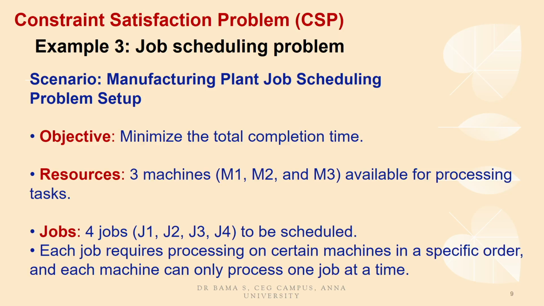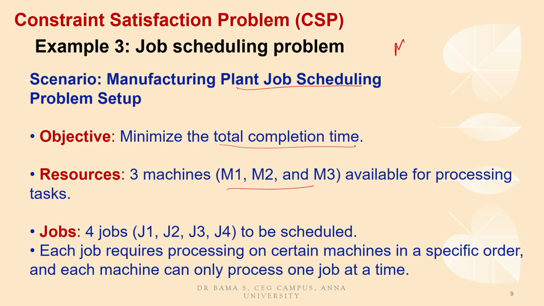The third example that I have put is a job scheduling problem. The scenario here is real-time manufacturing plant job scheduling, very similar to CPU scheduling also. The objective is to minimize the total completion time. Assume we have 3 machines for this case.